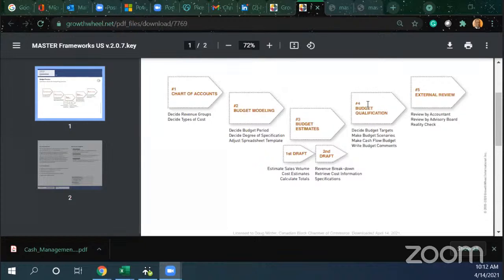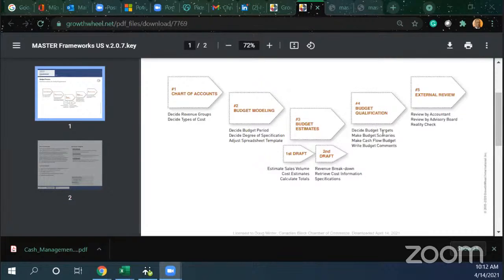Then step number 4 is to decide the budget targets. Make budget scenarios, think about different things that could happen, think about seasonality. In the first quarter, there's not a lot of business that's going to happen at the beginning of the year, but then towards the second, third, fourth quarter, your sales start to pick up.